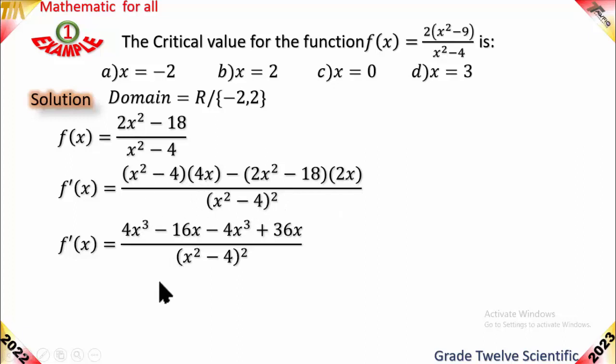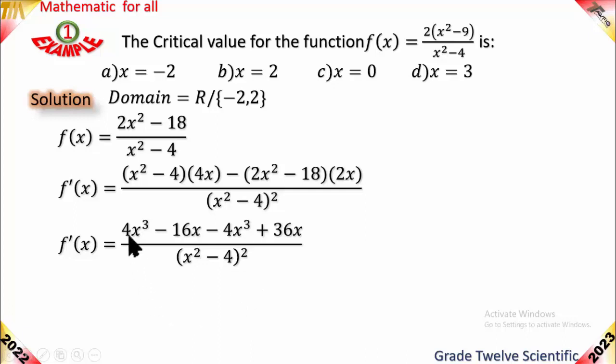Opening the brackets, then it will be 4x times x squared is 4x cubed, minus 4x times 4 is 16x, minus times positive is minus 2x times 2x squared is 4x cubed, minus times minus is plus 2x times 18 is 36x, over x squared minus 4 squared.